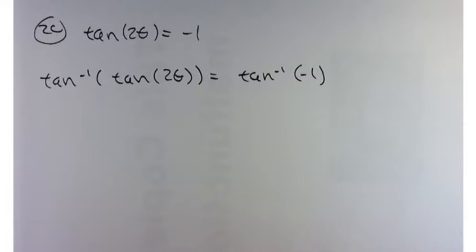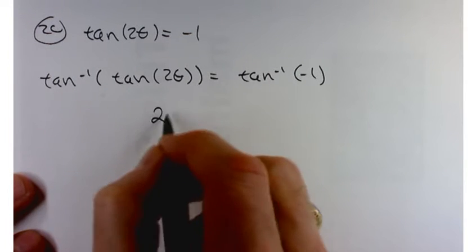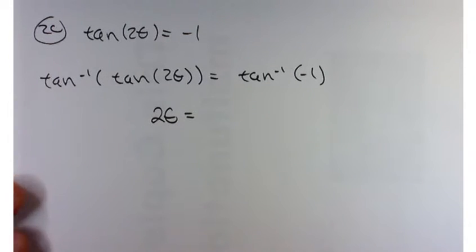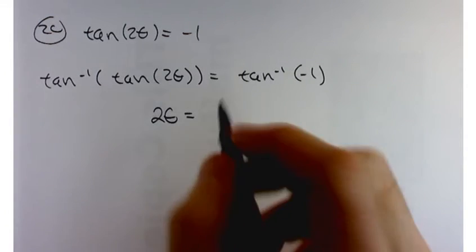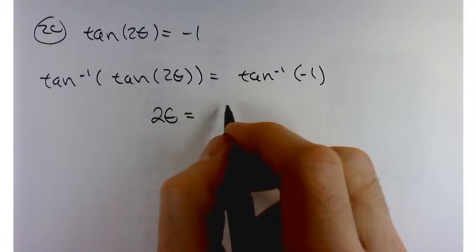Okay. Well, on the left-hand side, this is 2 theta. On the right-hand side, the inverse tangent is kind of like the inverse sine. It's going to give you something between -90 and 90. Now, if you punch it in your calculator, you get -45 or -pi/4. Or better yet, you'll get 7 pi/4.